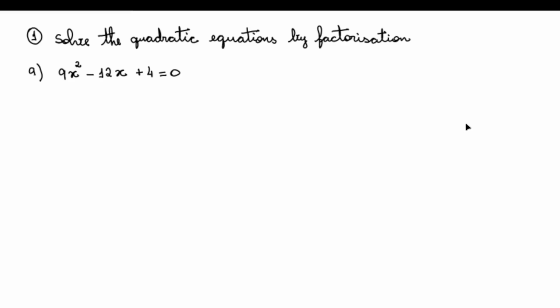In our previous videos, we've been tackling math problems from the IB curriculum, focusing on solving quadratic equations by factorization method. We've started a series dedicated to solving quadratic equations. In the first video, we solved equations of the form ax² plus bx equals 0.